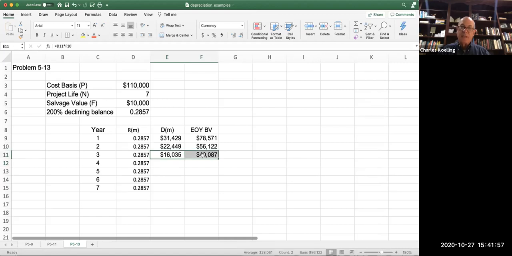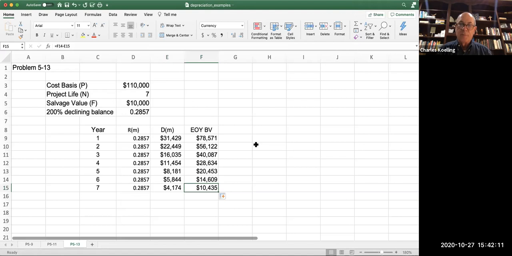I'm going to copy these down now, and we'll see how the depreciation amount continues to decrease, and at a fairly quick pace. And at the very end, notice that our end of year book value for year 7 is $10,435.